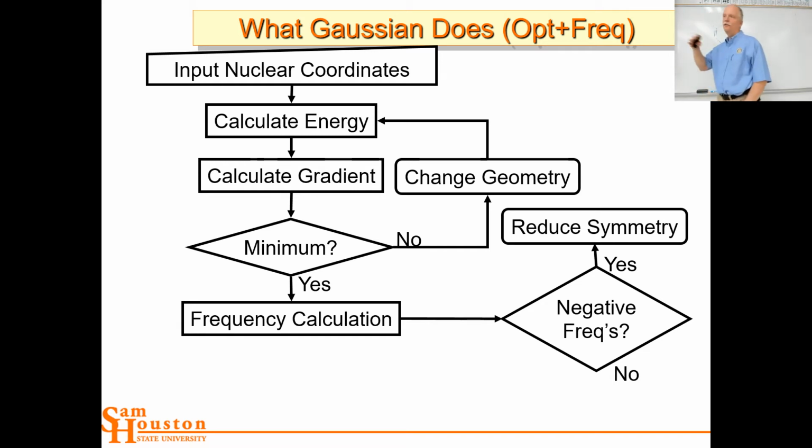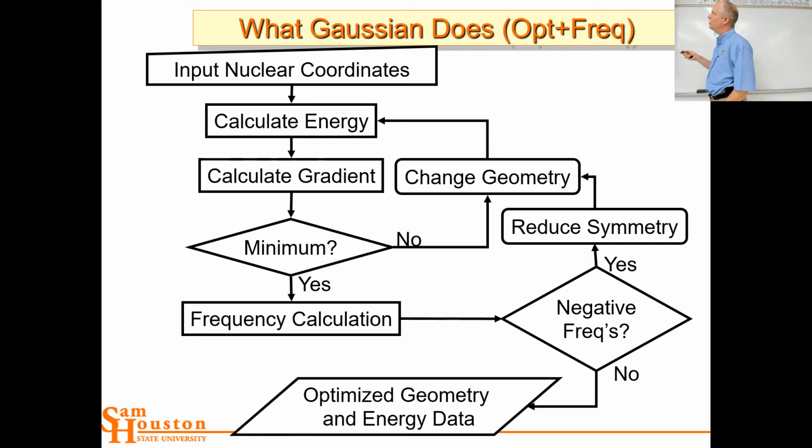And so if you see those negative frequencies in your frequency output, then you've got to figure out what motion is at the top of the hill. It's probably a twist in the molecule, like a methyl group that needs to twist. You twist that methyl group by reducing the symmetry, and then you go back into changing the geometry and redo this whole thing.